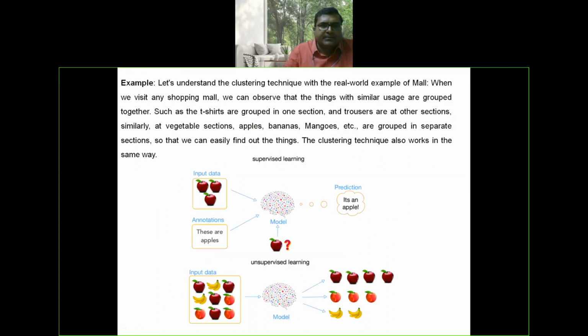In supervised learning, the model is trained with the labeled data and then tested with the unknown data. But in the case of unsupervised learning, the data will be directly applied to the model. Just now we discussed that the unsupervised model extracts features and patterns within the data to group the data.